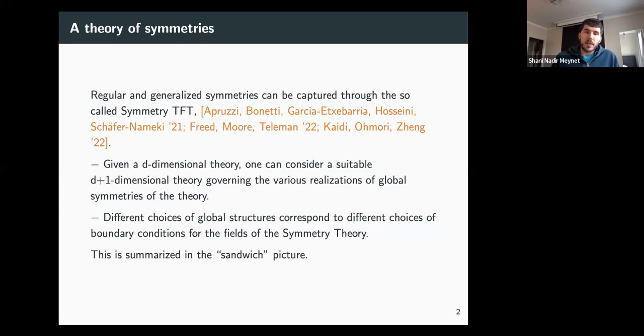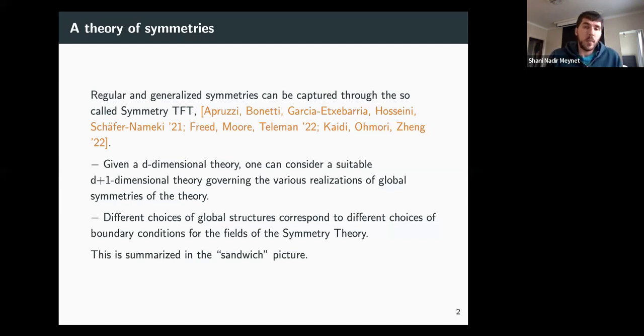This is a d+1 dimensional topological theory that one can associate to each dynamical d-dimensional theory, which encodes all the information about topological operators. So far, the literature is pretty solid in the context of finite symmetries, and I will talk today mostly about finite symmetries.